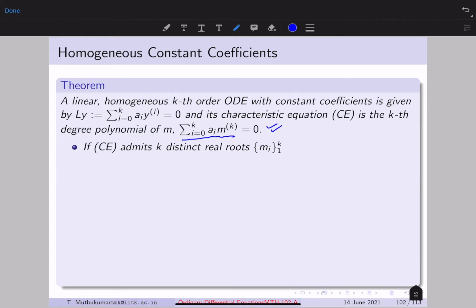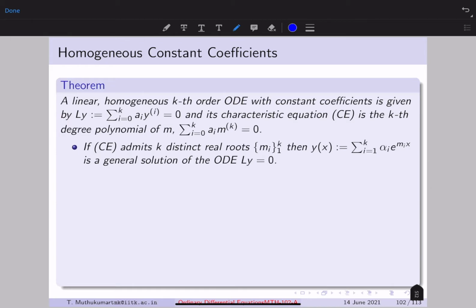Suppose those roots are k distinct real roots, let's call them m1, m2, m3, up to mk. So this characteristic equation admits k distinct real roots. Then the corresponding solution to this differential equation is the linear combination of exponentials e^(mi x), where the mi's are the roots of this algebraic equation.